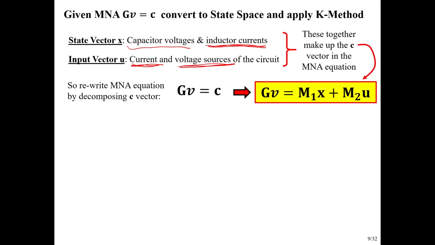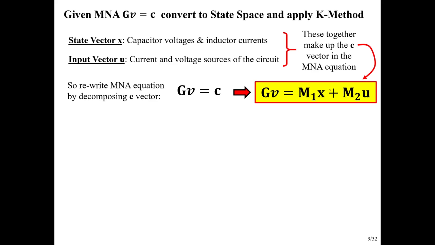So we can take all of our inputs, those would be all the current sources and voltage sources, those would be the inputs to this, and they're going to get mapped into C through some matrix M2. We'll see the structure of that, but basically it'll just be a bunch of appropriate ones and minus ones to combine those in and put them into the right places.